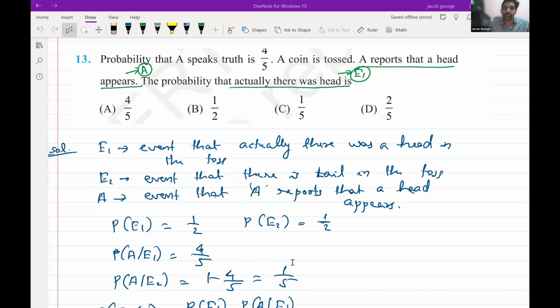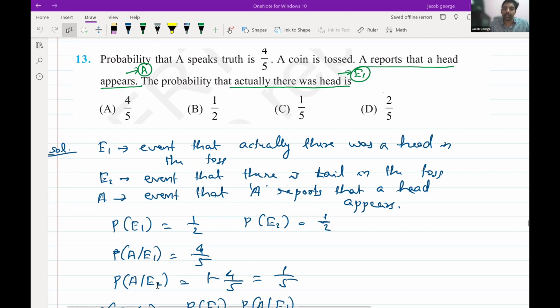Means A speaks truth. A speaks truth is 4 by 5, as given in the first part. All of you understood that A given E1?